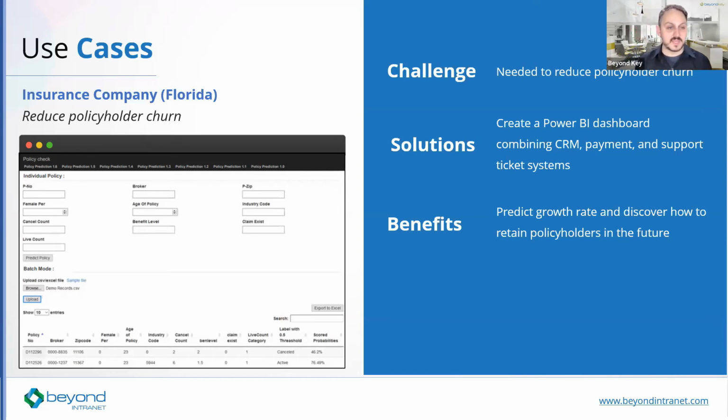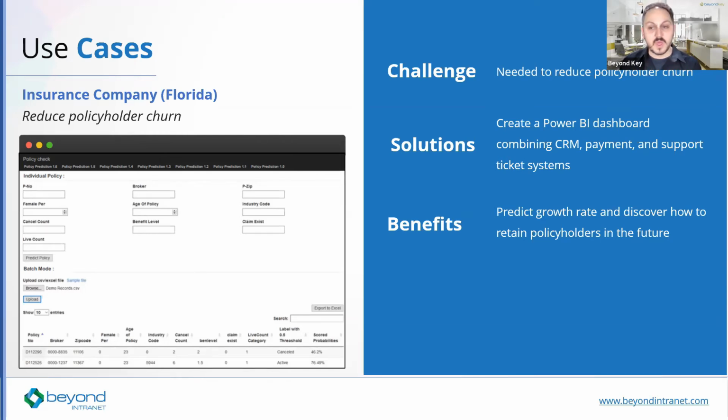The way you do that is by understanding what they're looking for. And the best way to do that is to combine information from your CRM, your payment solutions, your support ticketing systems, and put it all in one central location to create a Power BI dashboard. And in this Power BI dashboard, we were able to start predicting growth rates and discover how to retain policyholders in the future.